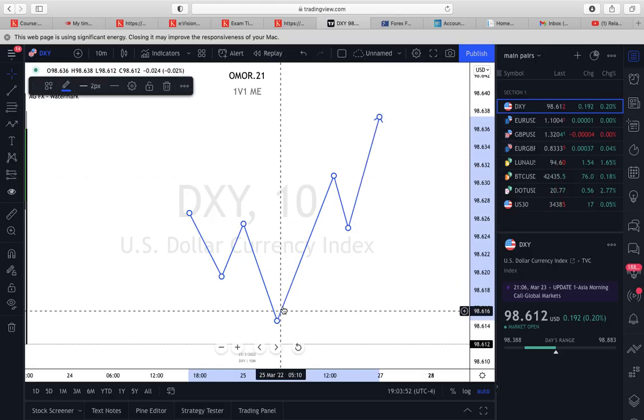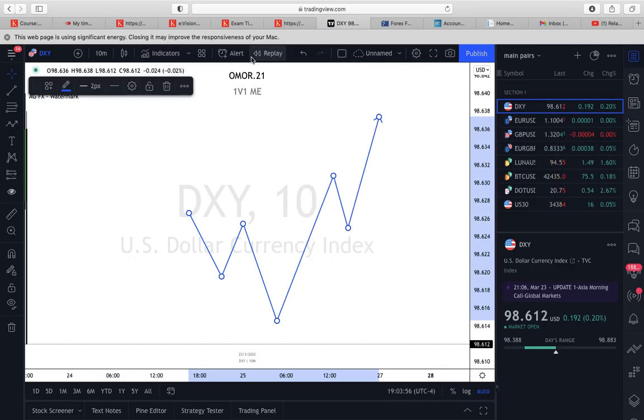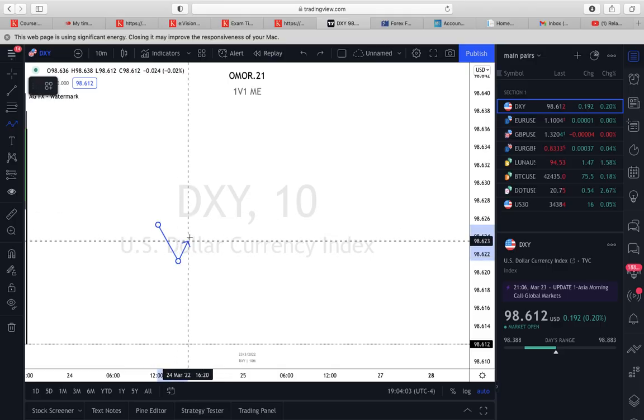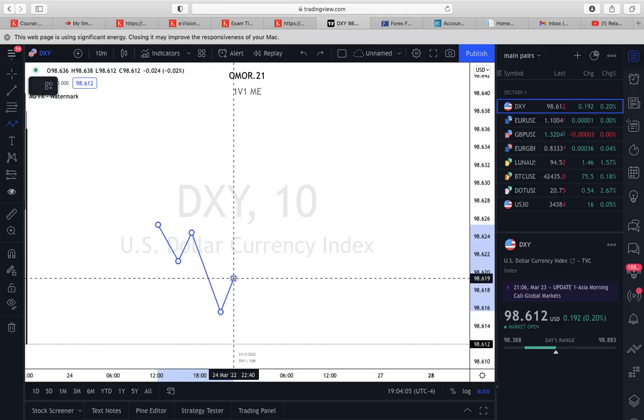Now, when it gets to higher high, yeah, it doesn't always have to be one clean move. Yeah, it can be like this: low, high, lower low.